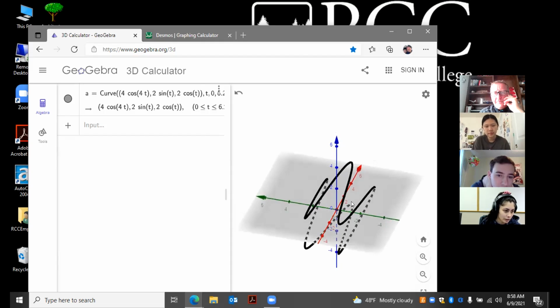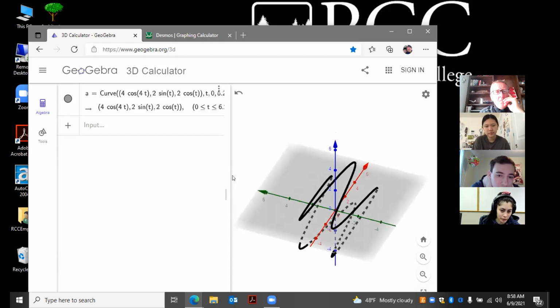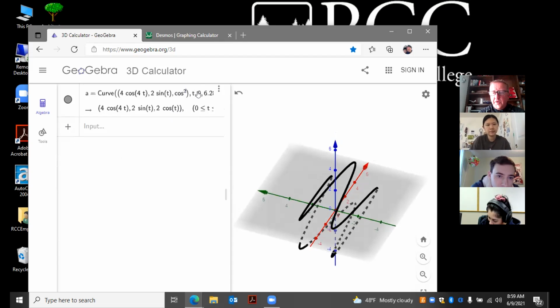I swapped out the Z coordinate for sine of t squared, and it doesn't look like anything. It looks like a combination of a parabola and sine waves. That's kind of interesting. That's a good choice. Actually, I'll do cosine squared since you did sine.